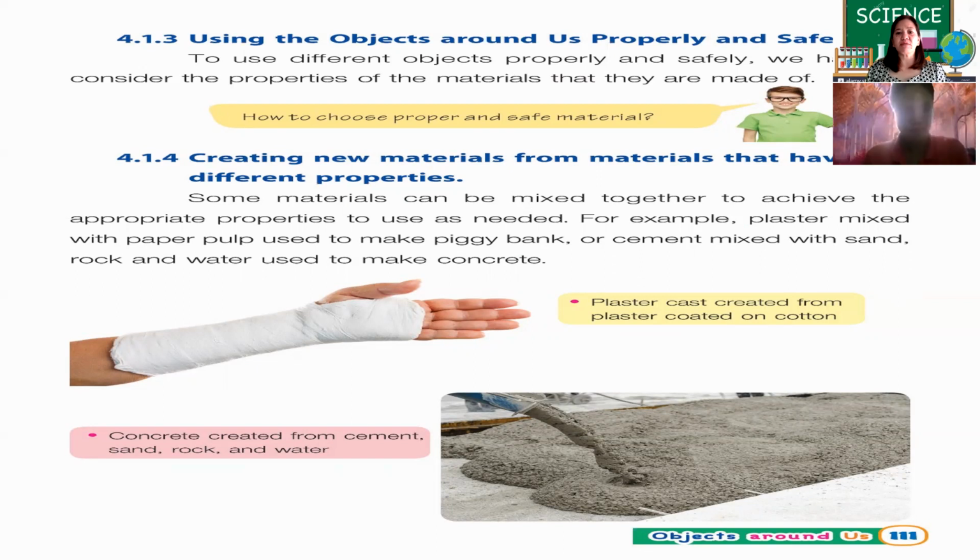Using the objects around us properly and safely. To use different objects properly and safely, we have to consider the properties of the materials that they are made of. For example, if the object is made of glass, you need to use it properly.